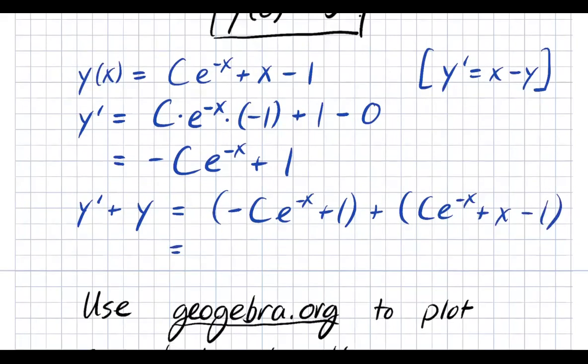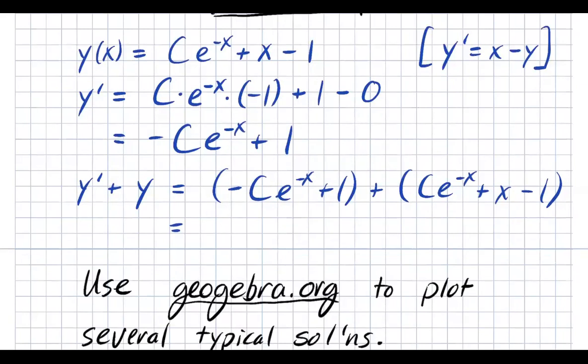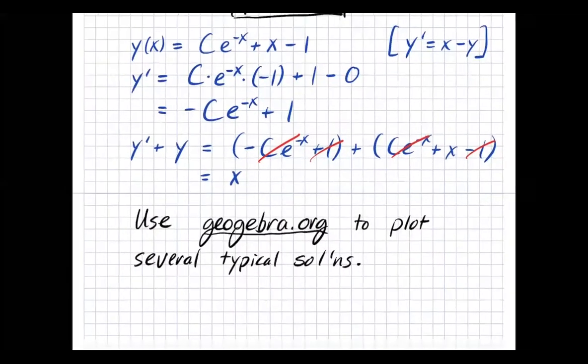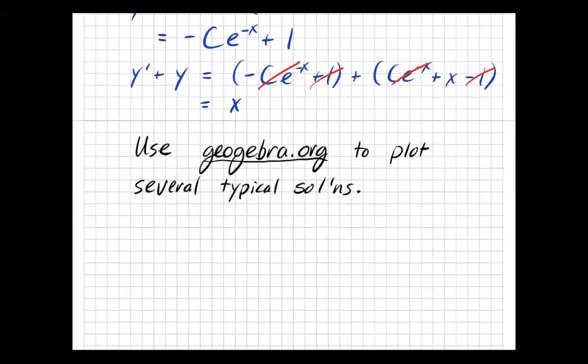This is working out. We have negative c times e to the negative x and plus c times e to the negative x, so these two add together to 0. We have a plus 1 and a minus 1, so those cancel. We're just left with x. So that is enough to verify that that is a solution.